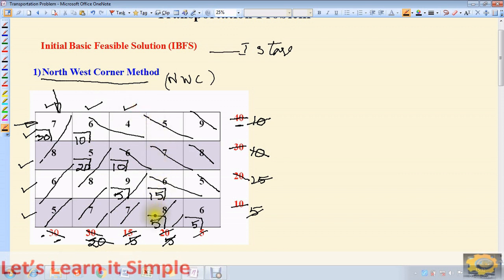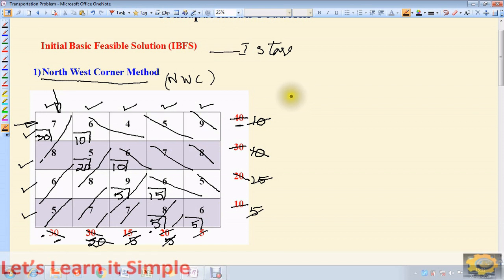Fourth column, 15 plus 5, 20 here. Satisfying. In the last column, 5, yes, it is done. So after allocating the values to the corresponding cells, you have to check row wise as well as column wise, and it is satisfying. So this is how we need to allocate by the northwest corner method.